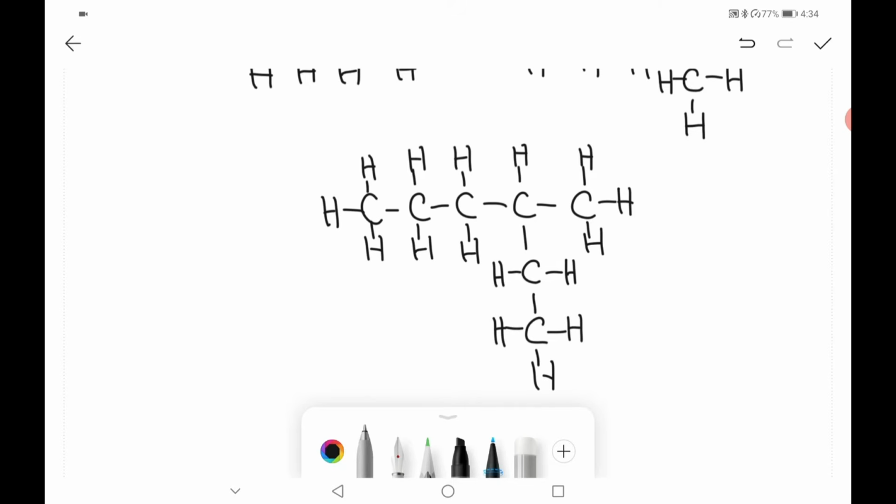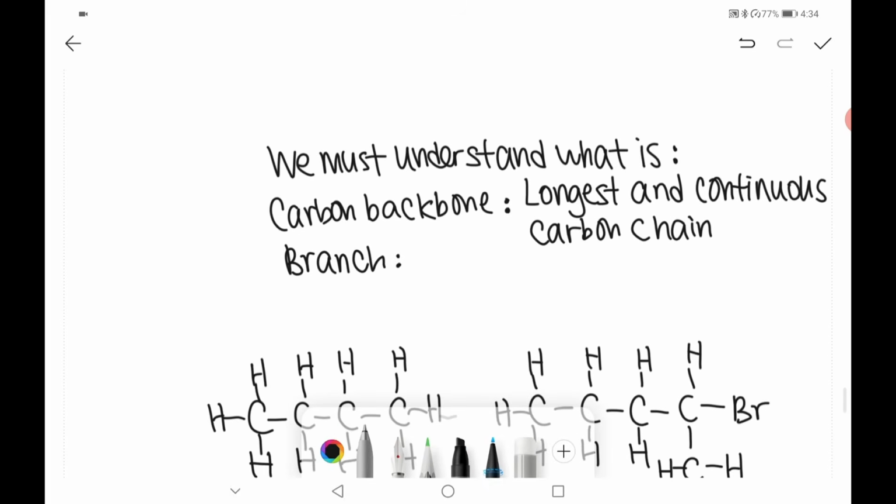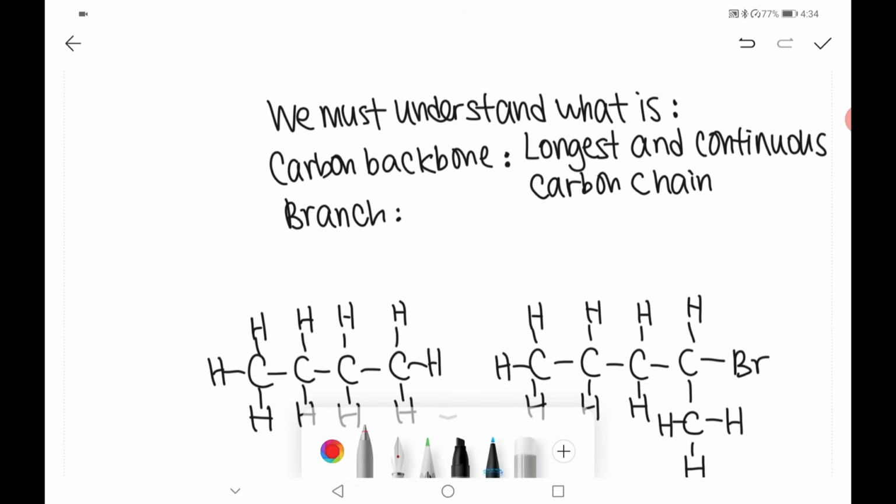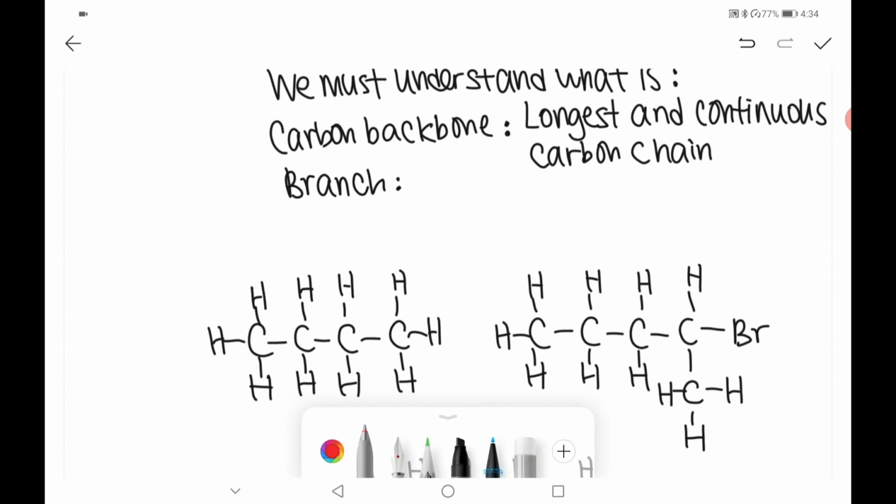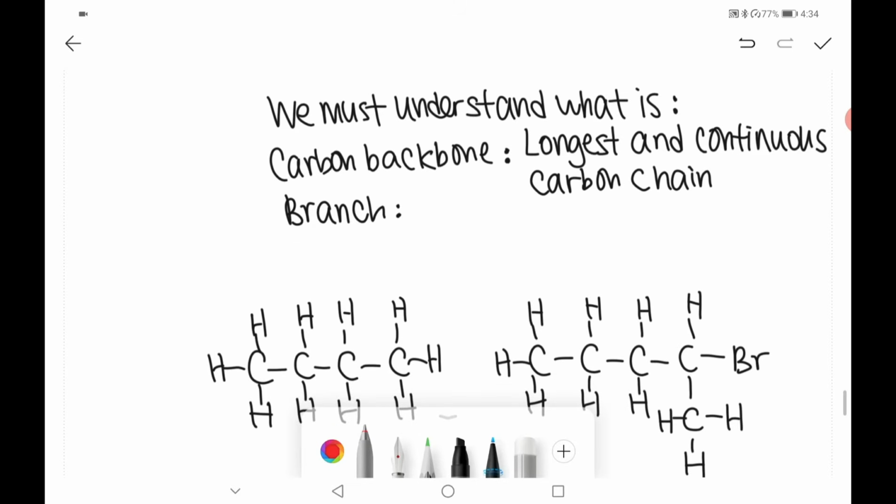First of all, I need to show you what the carbon backbone is. I'll use the red color to start. If you want to find the carbon backbone, you must do trial and error.